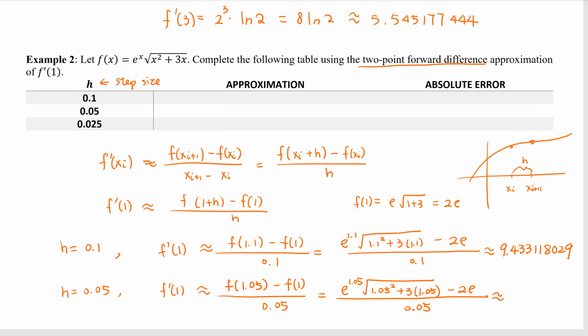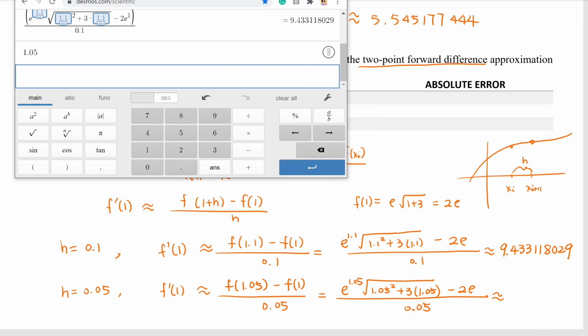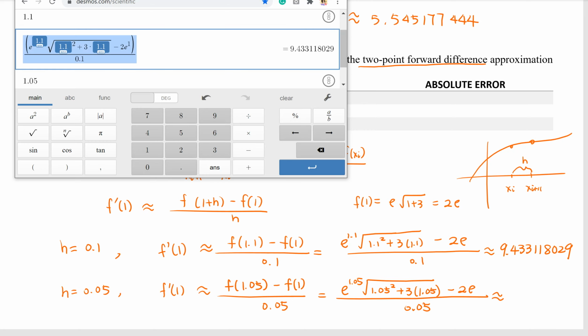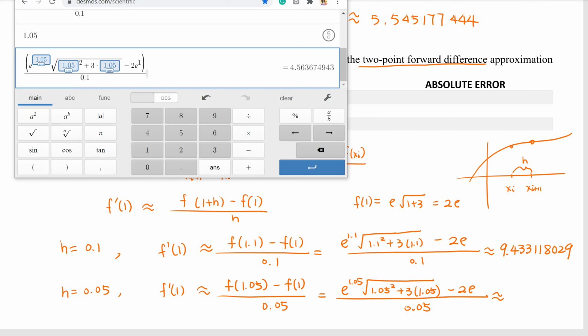Alright, let's look at our calculator. This is the good thing about why we type in answer, because now we just need to type in 1.05, and then when you do enter, you go back to the previous line to copy this equation. On your actual calculator, you just go back to the line and you will see this equation. But be careful, you have to check it.